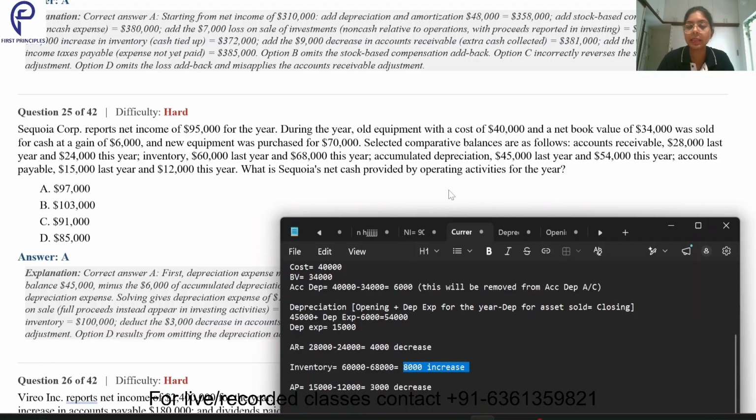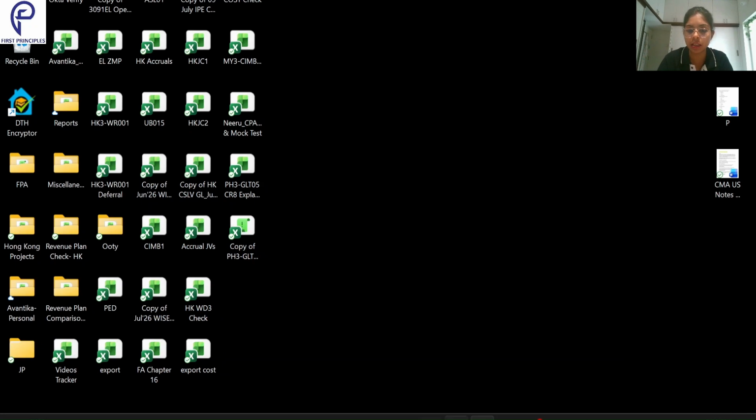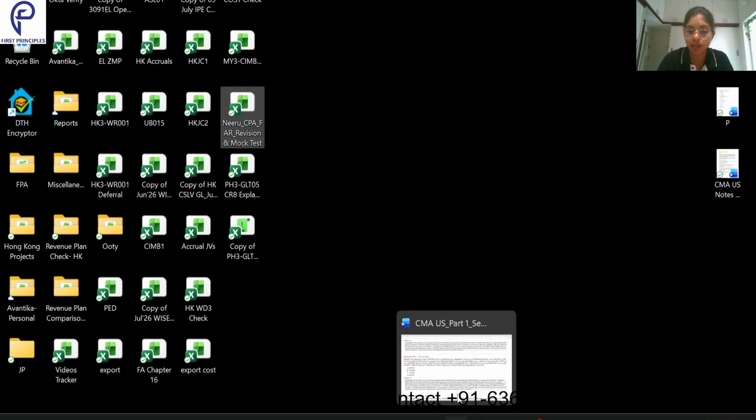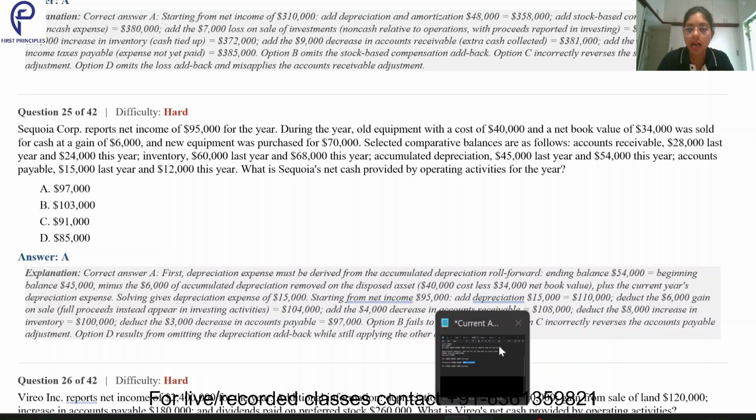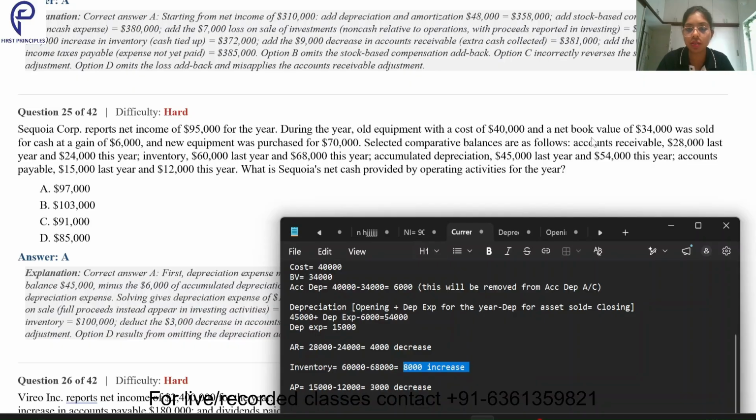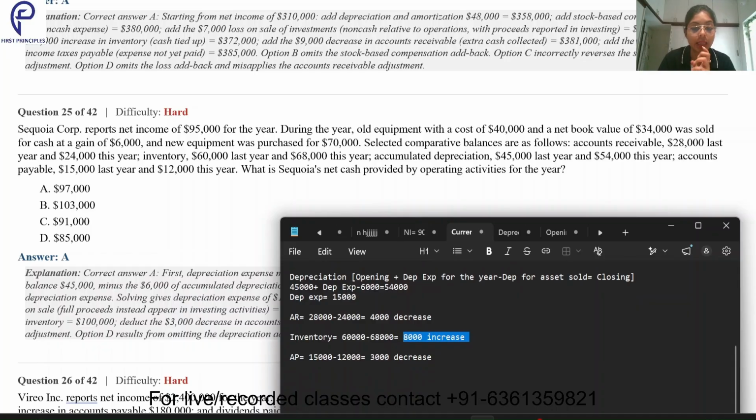Then accumulated depreciation 45,000 last year and 54,000 this year. But again, we have to remove the depreciation for the asset which is being sold. So that's why we have to do an adjustment for that. Then accounts payable 15,000 last year and 12,000 this year. So accounts payable has a decrease.